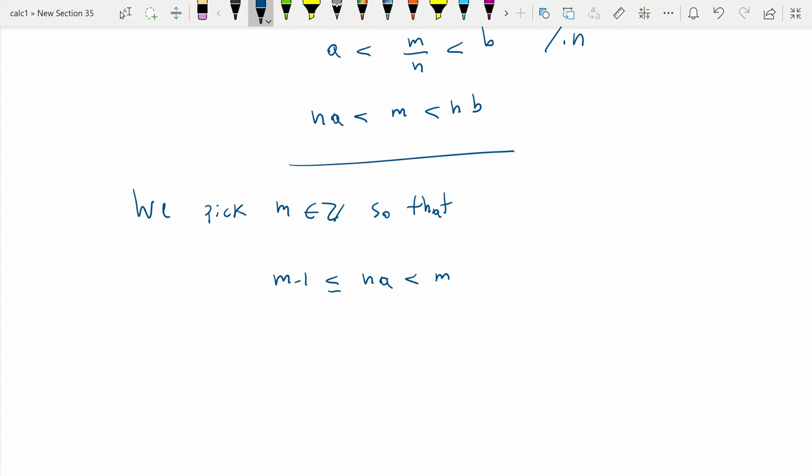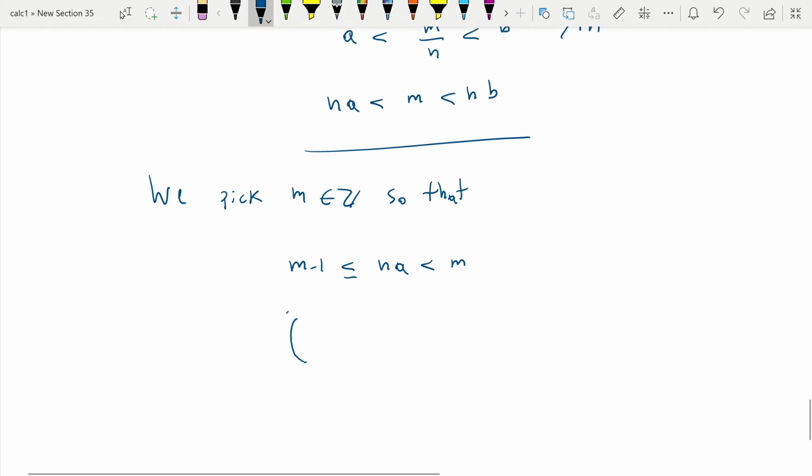So it's the smallest number that surpasses na. If you try with m minus 1, you would fail. So m is the first integer that is bigger than n times a. How do we know that we can find such an m? Think about the last problem in the last problem session, and you will see how we can obtain such an m.